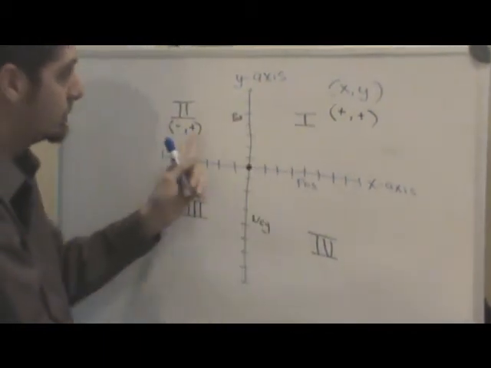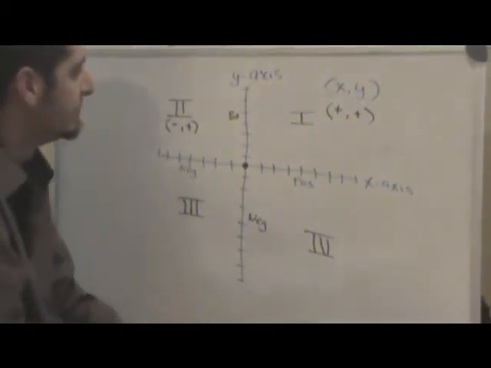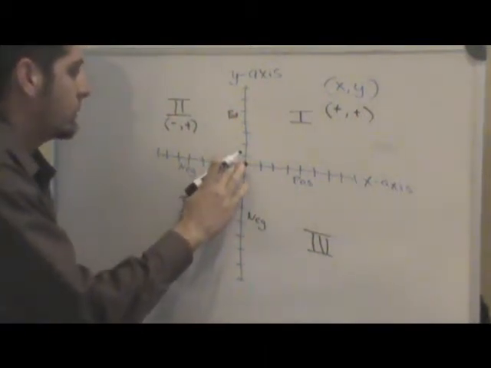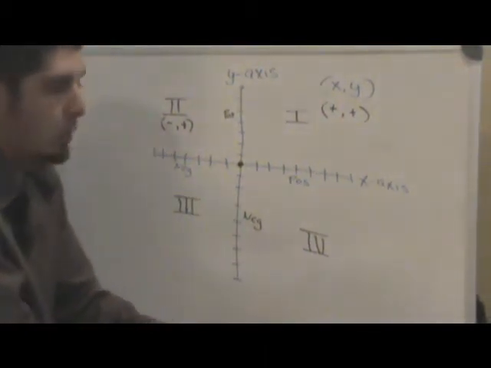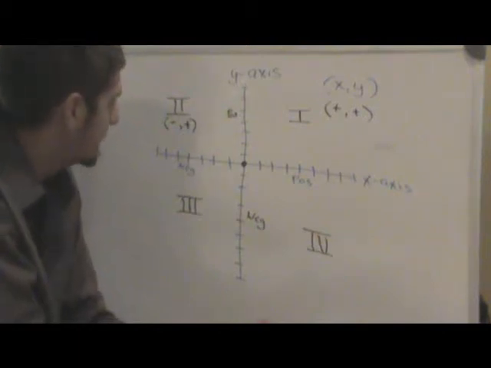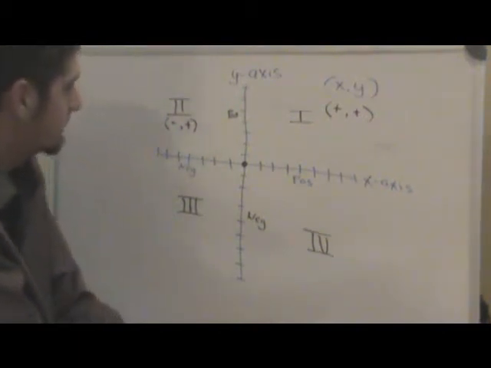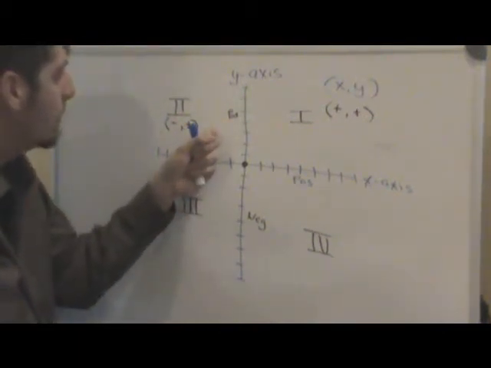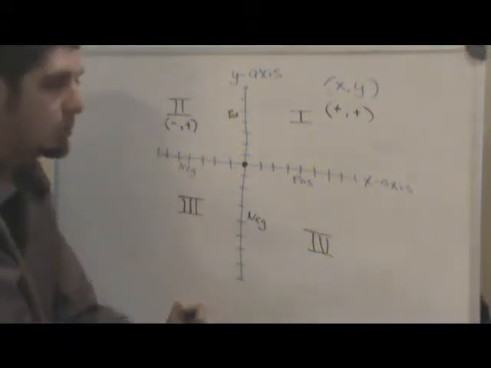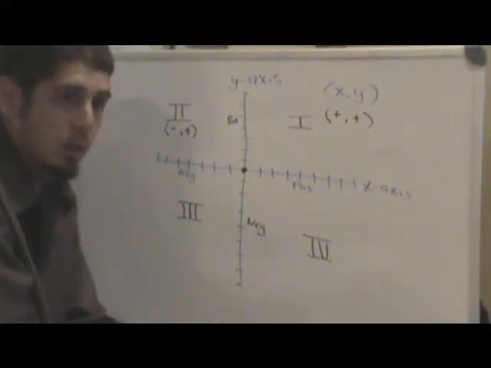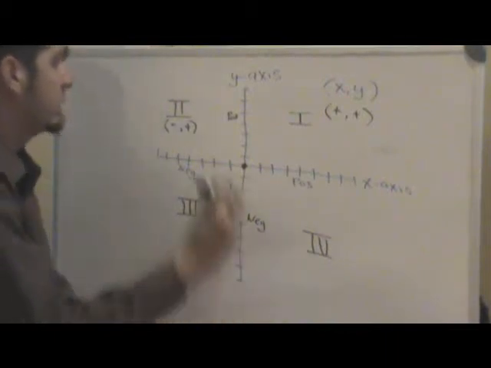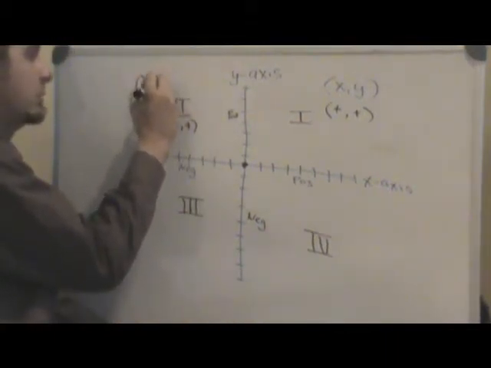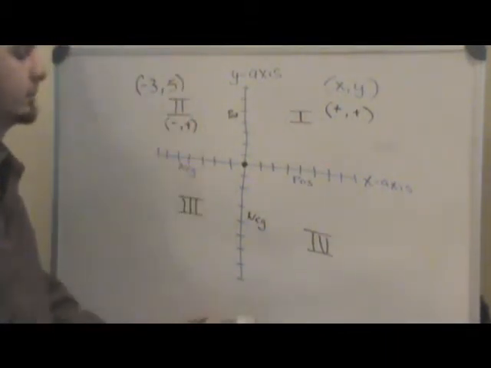Again, this is something you should be taking notes on as well. So to be in quadrant 2, your x coordinate needs to be negative and your y coordinate needs to be positive. So the types of points you're going to see in quadrant 2 are going to have negative x coordinates and positive y coordinates. So you might see something like -3, +5, for example.